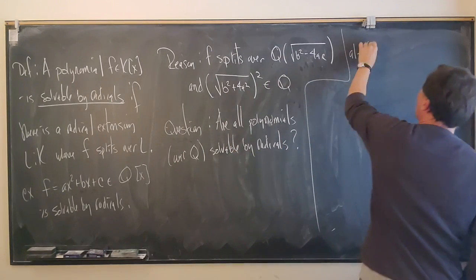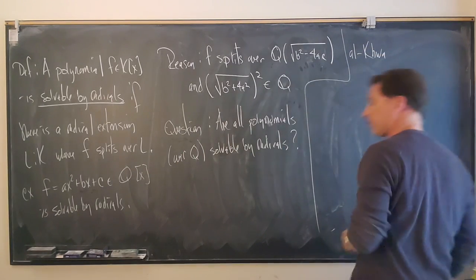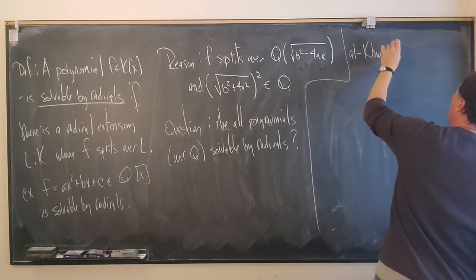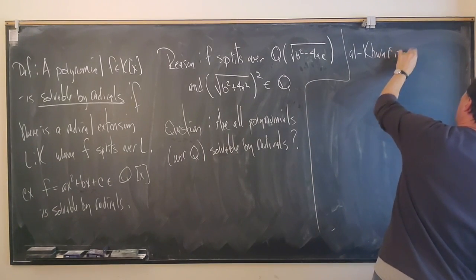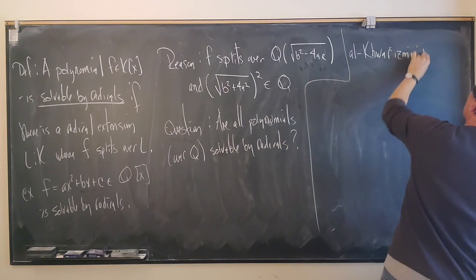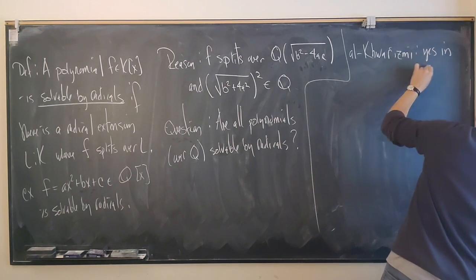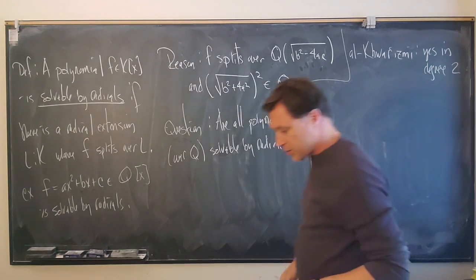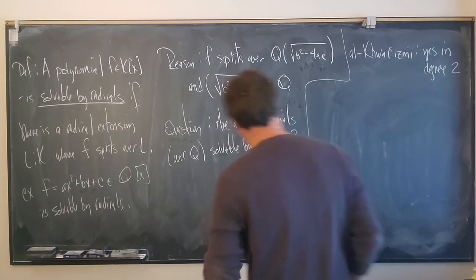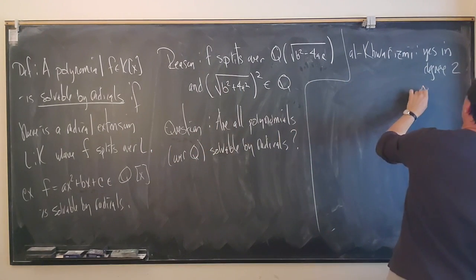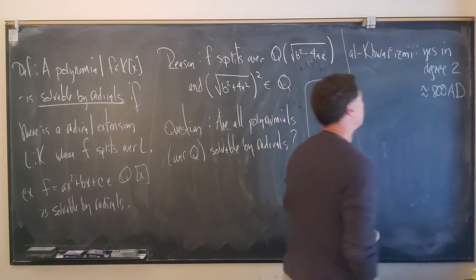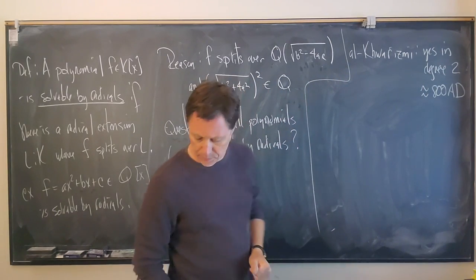Khwarizmi says yes in degree 2. This goes back to around 880, right? That's where the quadratic formula comes from.